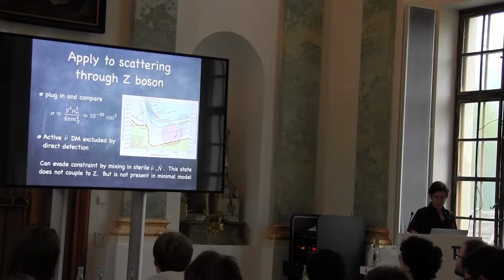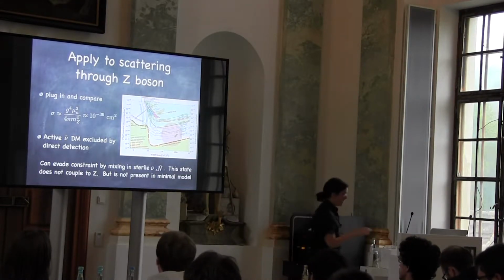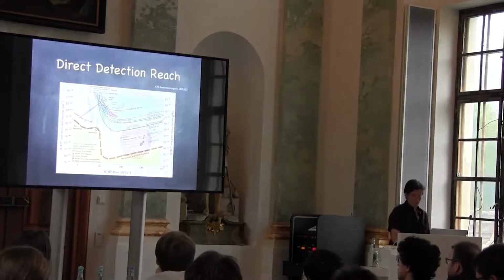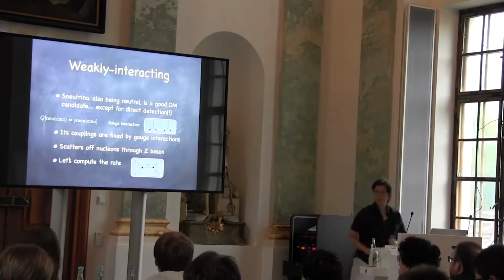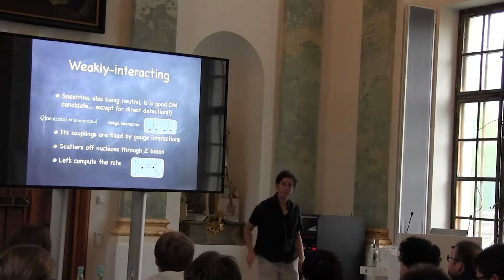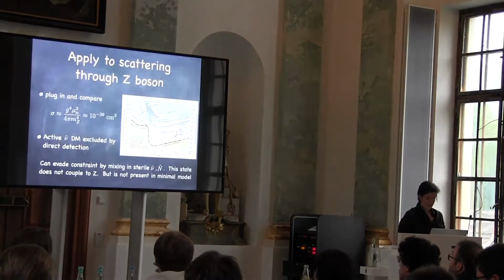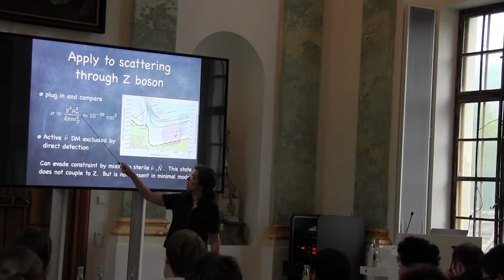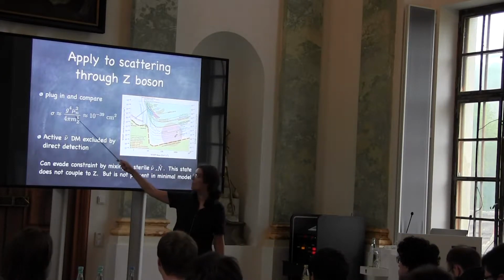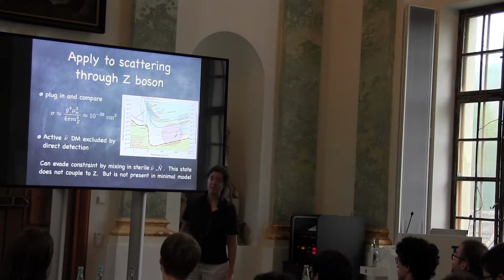And let's just get it back of the envelope then, where we say now you would expect for this type of interaction, this type of interaction cross-section via the Z boson off of the nucleon, spin-independent interaction, you would just expect that the cross-section would go like the weak coupling constant to the 4th power, the reduced mass with the nucleon, and then a 1 on mZ to the 4th.